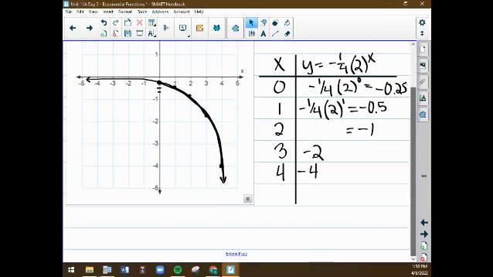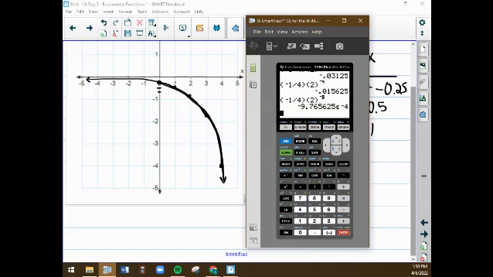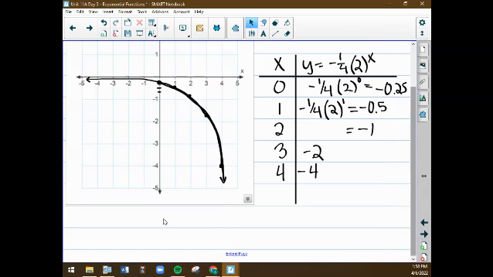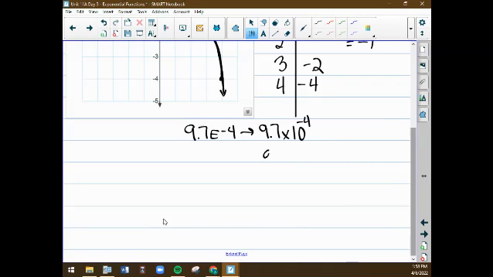Let me demonstrate that. It's 9.7 times e to the negative 4th. That's the same thing as 9.7 times 10 to the negative 4th power. So I take 9.7 and I move the decimal place 1, 2, 3, 4, and I get 0.00097.